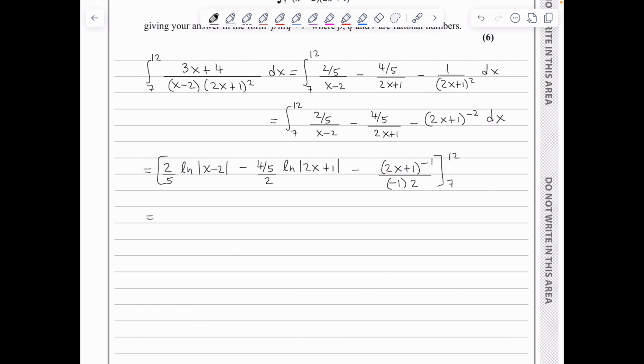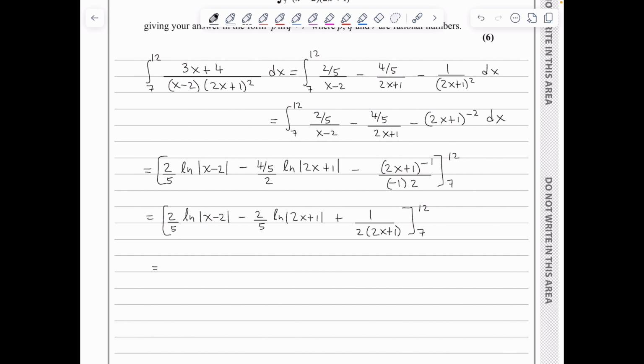So we're looking at 2/5 ln(x - 2) - 2/5 ln(2x + 1) + 1/(2(2x + 1)), with the limits being 7 and 12.